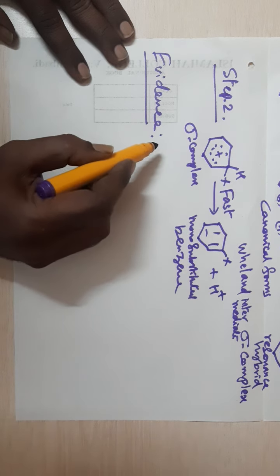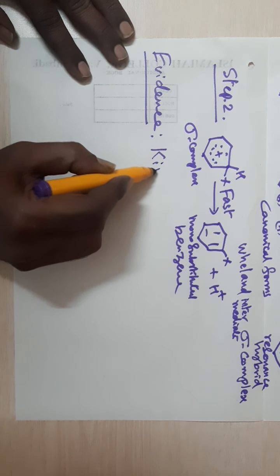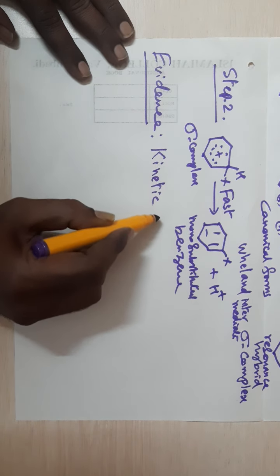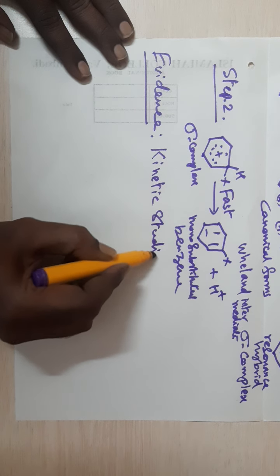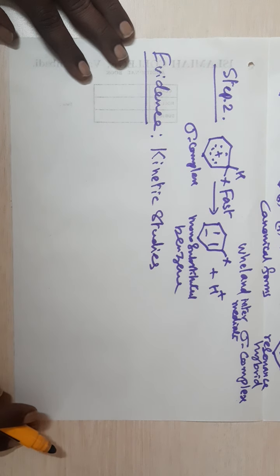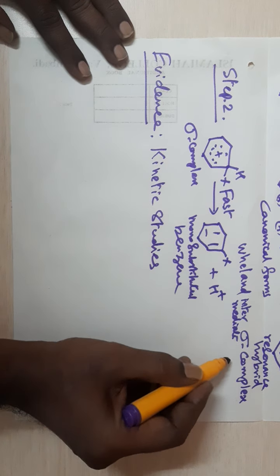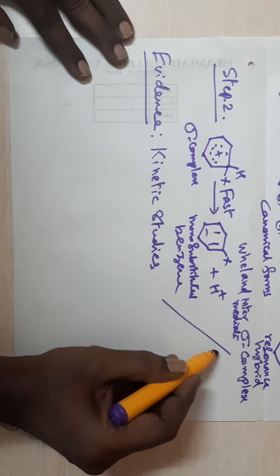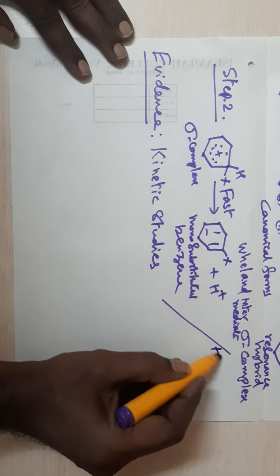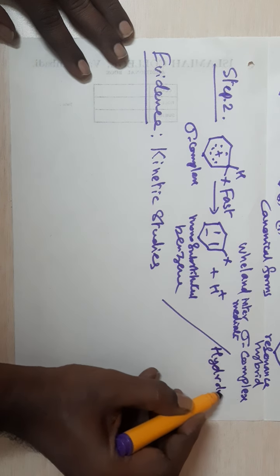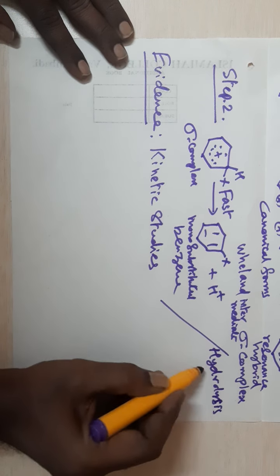See, we all know that kinetic studies can be carried out. What is meant by kinetic studies? In your UG class, you may remember the famous experiment in physical chemistry, that is hydrolysis of ester.